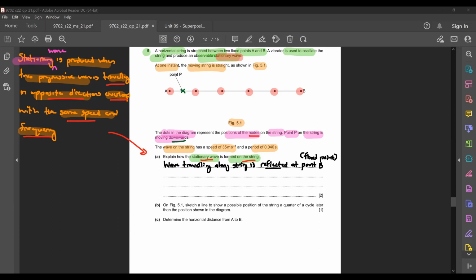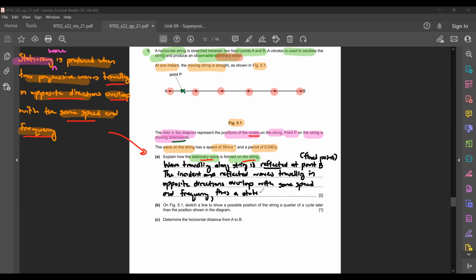Okay, so it is reflected at point B. Then the next thing we can say is that the incident and reflected waves traveling in opposite directions overlap with same speed and frequency, thus a stationary wave is formed.